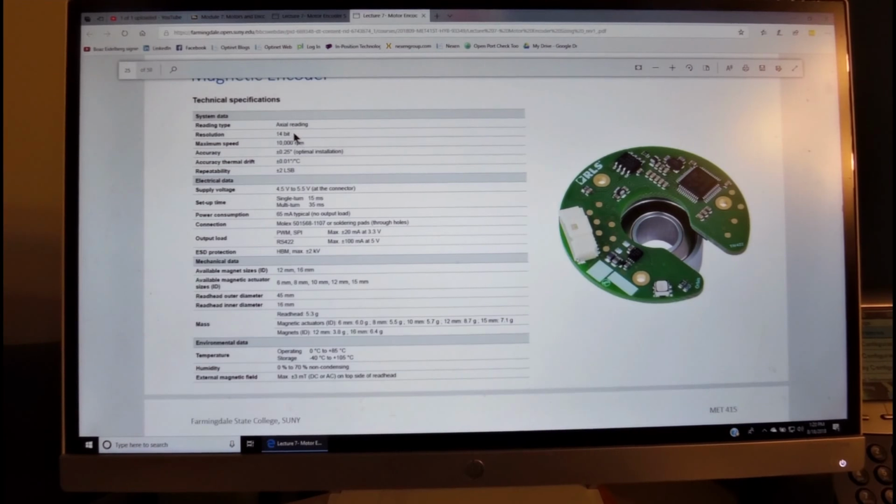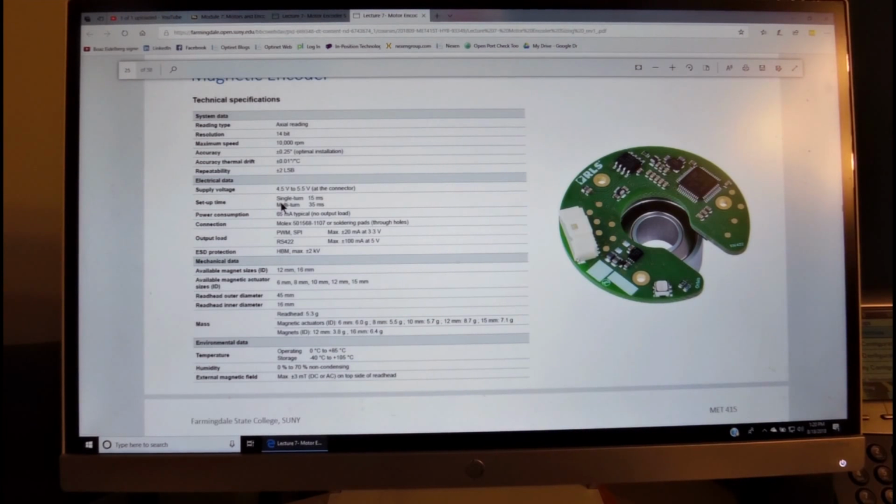And this is a typical technical specification of a rotary encoder. It tells us how many bits the encoder provides, the maximum RPM, and the repeatability, which is the two least significant figures over here.